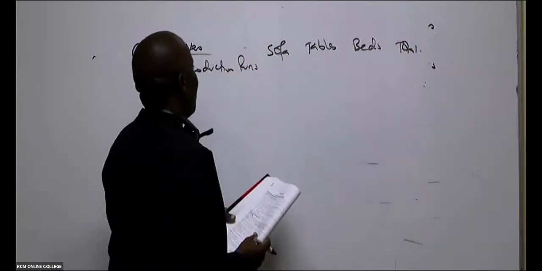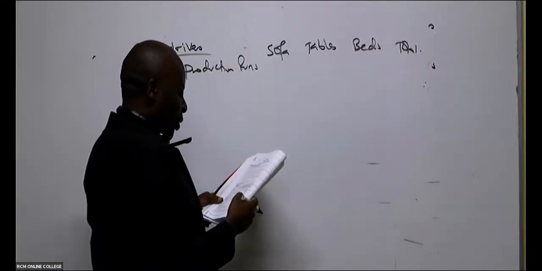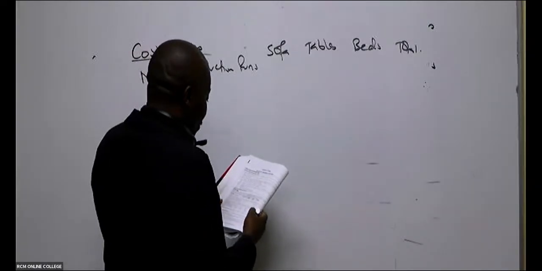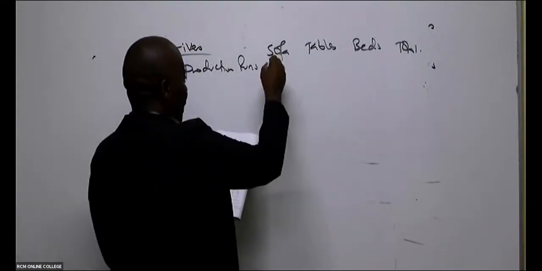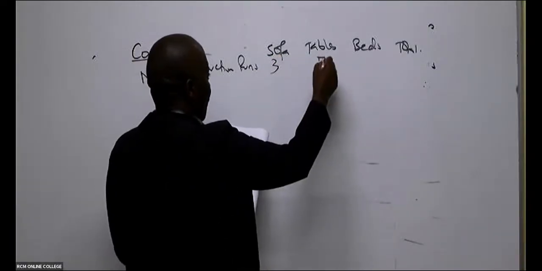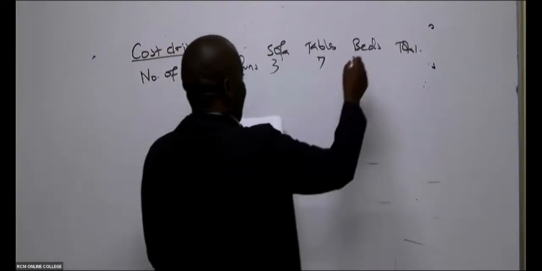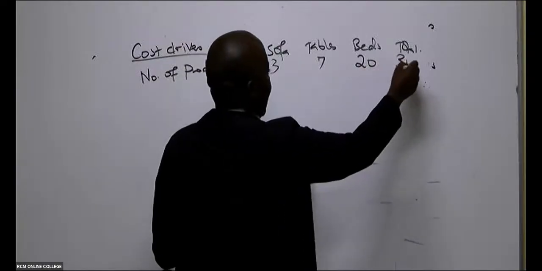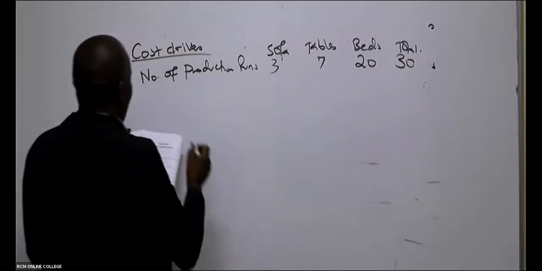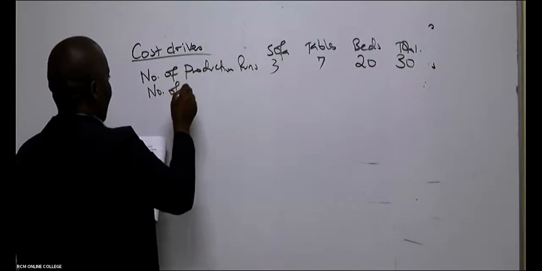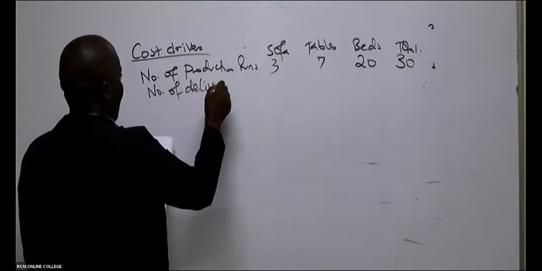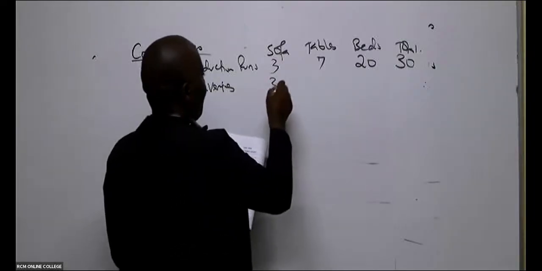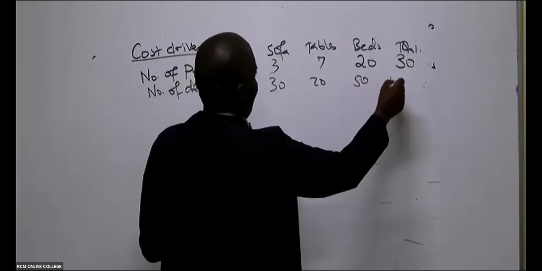These are really important. So number of production runs, I can see we have 3, we have 7, we have 20. When you add them, we shall get 30, right? Then we have number of deliveries: 30, 20, 50, giving us 100.